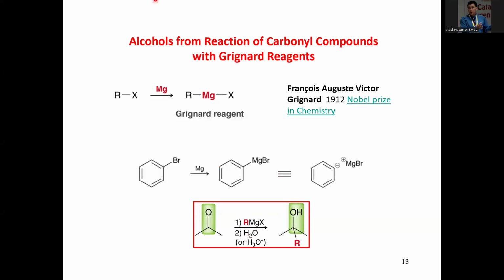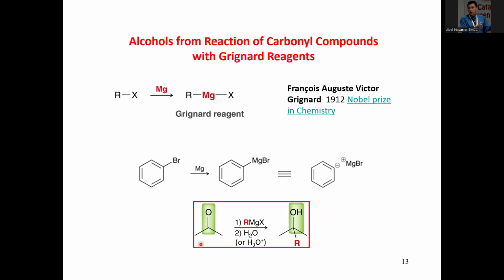Victor Grignard, in 1912, received the Nobel Prize because of this particular reaction. He was one of the pioneers in organometallic chemistry. This one is bromobenzene with magnesium. You get the Grignard, and here is the plus and the minus. This Grignard reagent adds to any carbonyl compound, and that's how you make different types of alcohol.